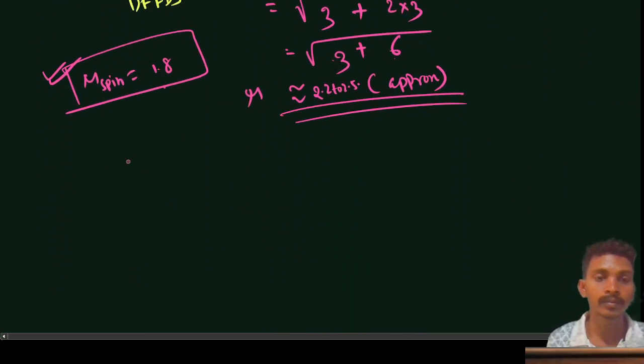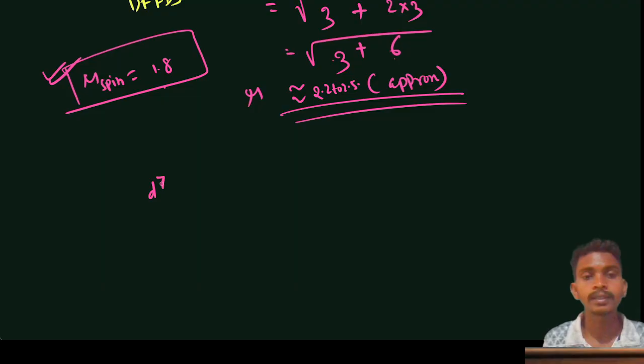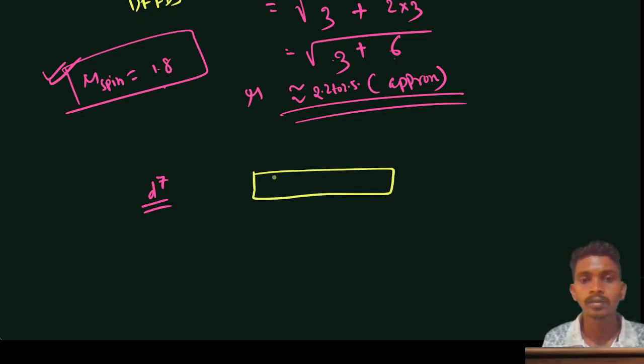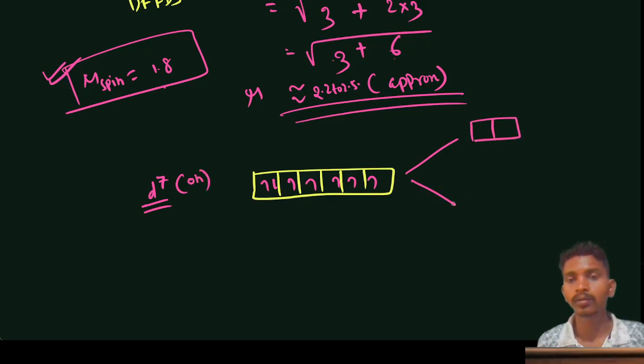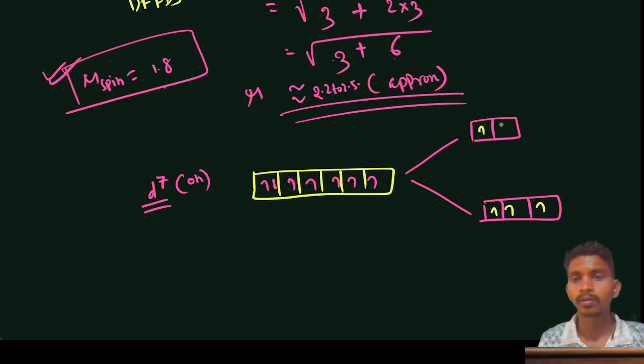Let's say I take the d7 case. If you take d7 in octahedral, fill the electrons: 1, 2, 3, 4, 5, 6, 7.